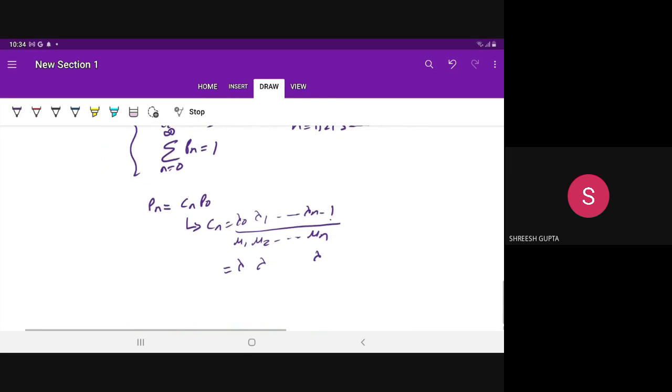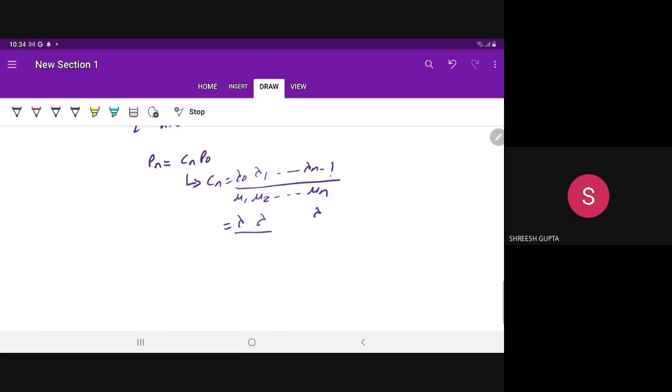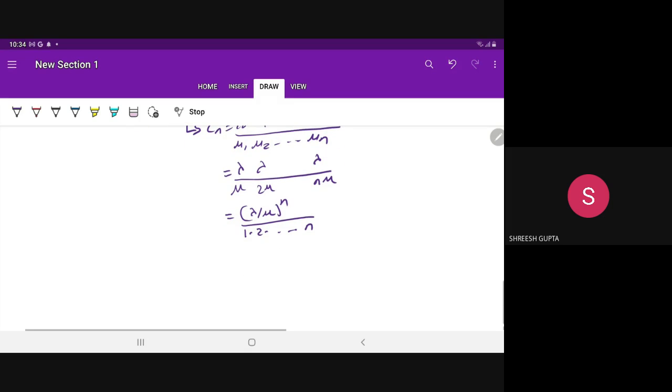So here mu1 is what? Mu1 is mu, mu2 is 2 mu, mu n is n mu. If you write lambda upon mu power n, in the denominator we have 1 into 2 into ... n, which can be written as lambda upon mu power n upon factorial n.